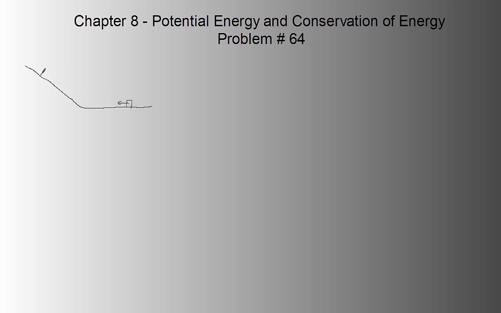Everything is frictionless except for a little segment here, which is length L, and this point right here is point B. From the bottom of the friction part to the ground is H. The ground is level with the flat here. This angle of the ramp is theta. There's a point here, point A.